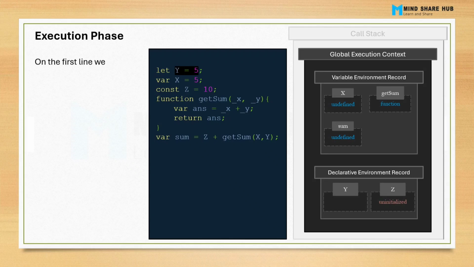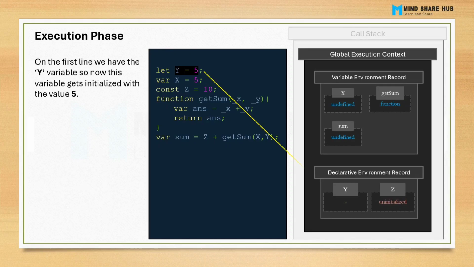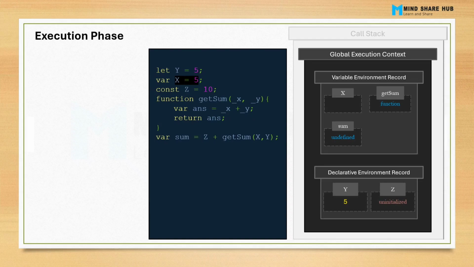On the first line, we have the y variable. So now this variable gets initialized with the value 5. On the second line, we have the x variable. So now this variable gets initialized with the value 5.